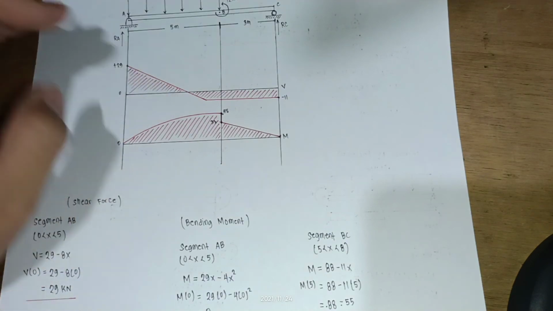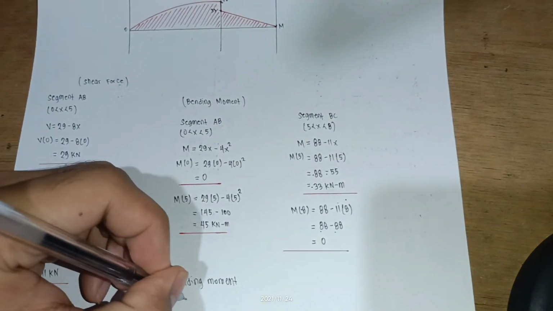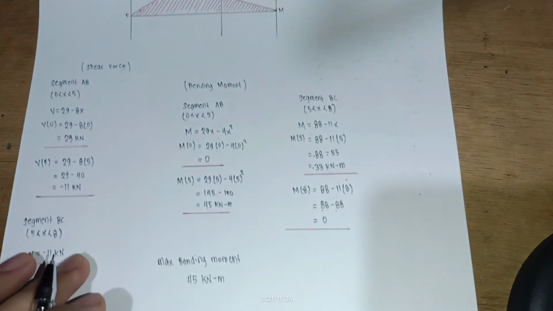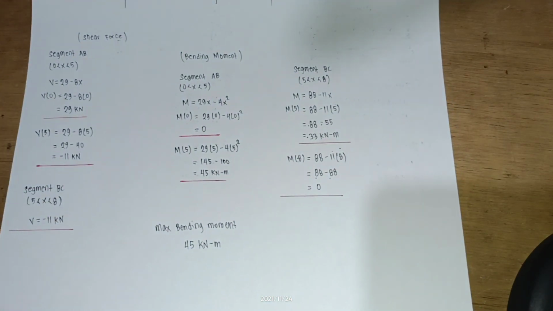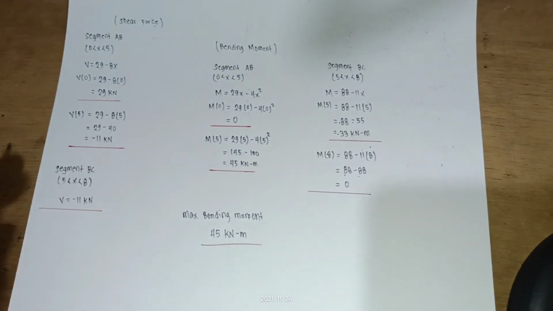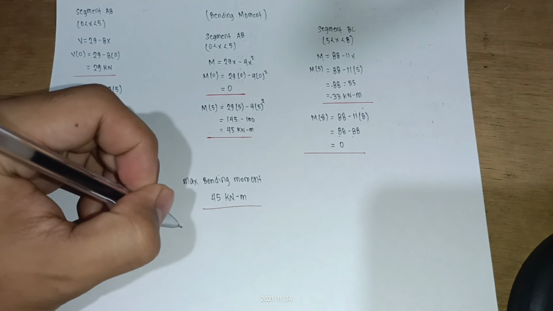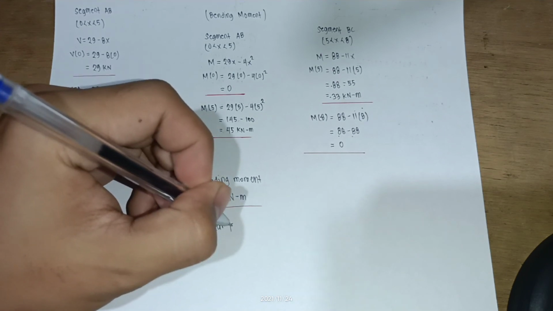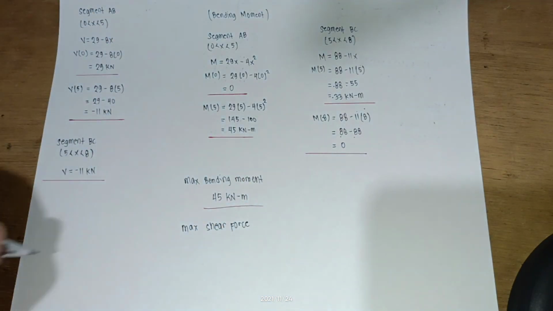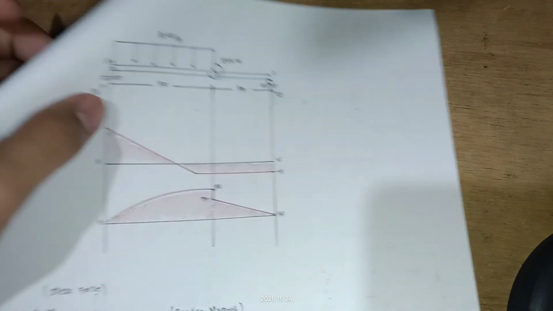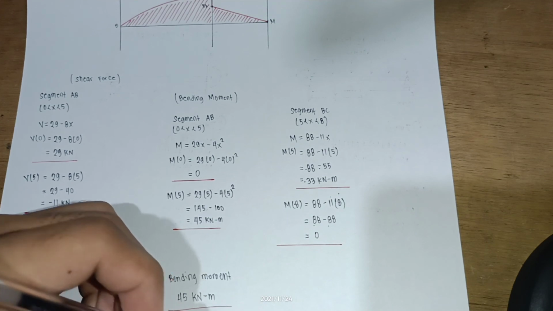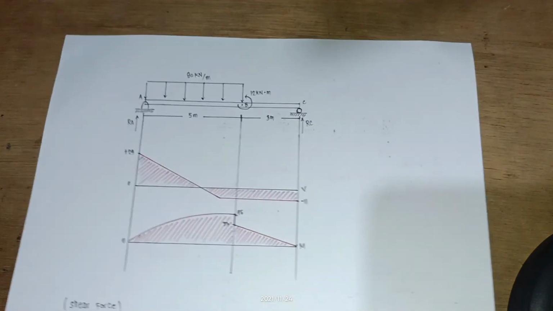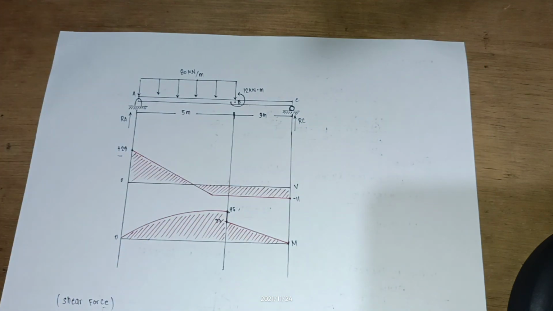The maximum bending moment is 45 kilonewton meters. Also, the maximum shear force is 29 kilonewtons. So these are the maximum shear force and the maximum bending moment.